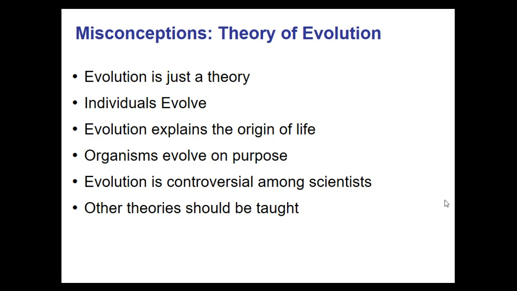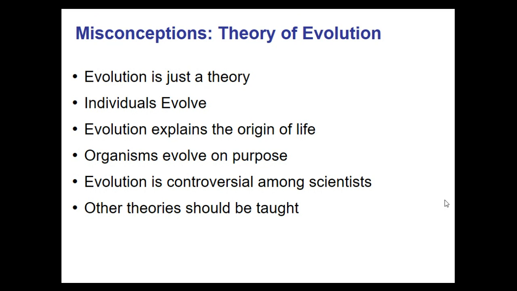Individuals evolve. So, evolution happens to populations, or species. It doesn't happen to individuals. I mean, we can change. A person can change, or an organism can change, but that's not what we mean by biological evolution.